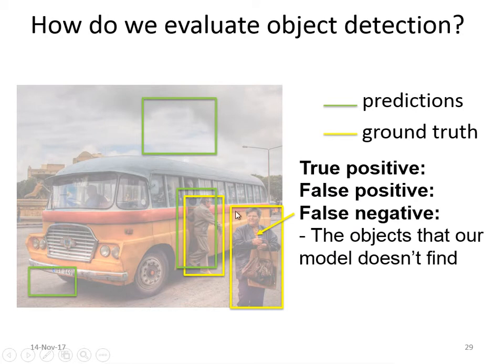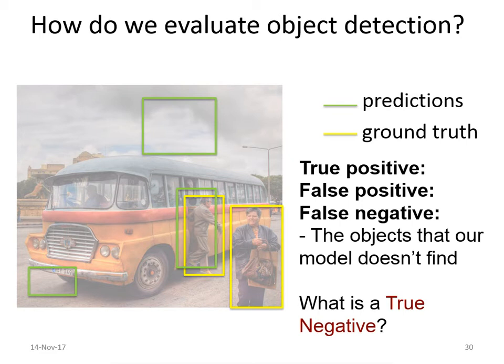And we also have a false negative here. Basically, you have a woman here and we are not able to detect her. So by the way, what's the true negative here? Anyone can wake up now. Any example of a true negative here?